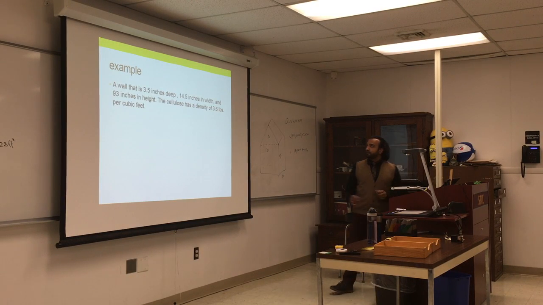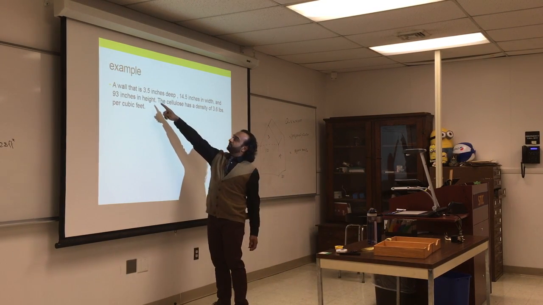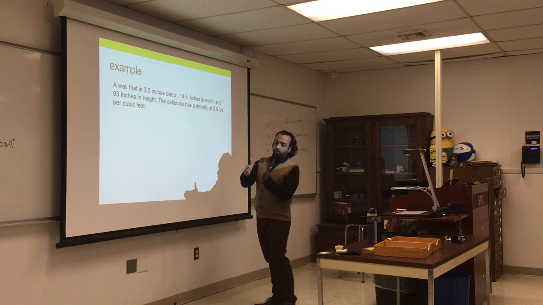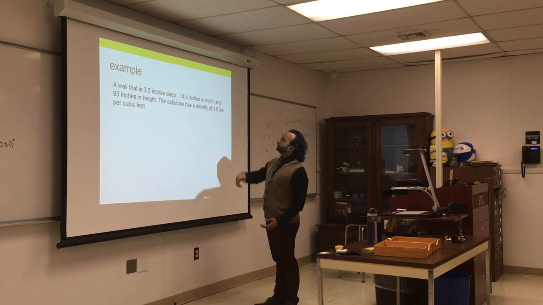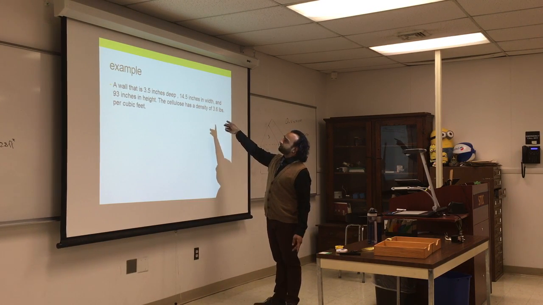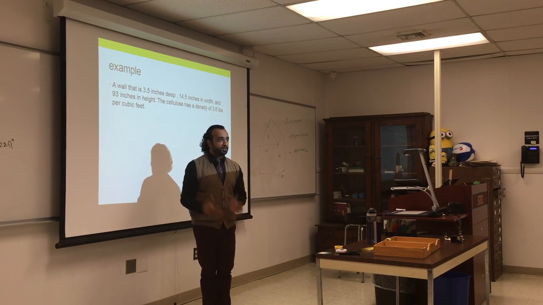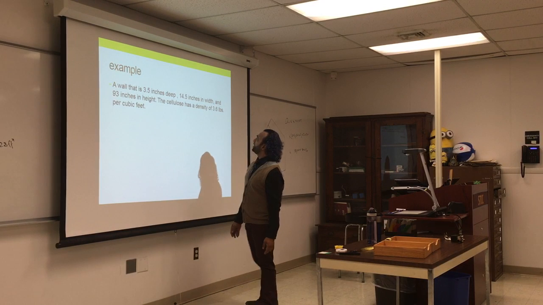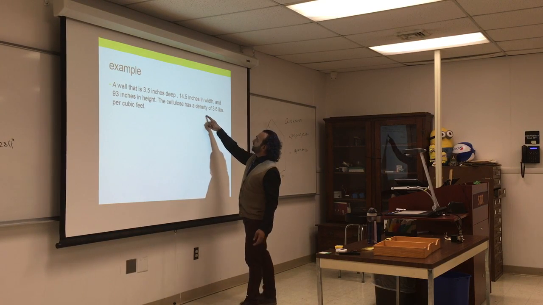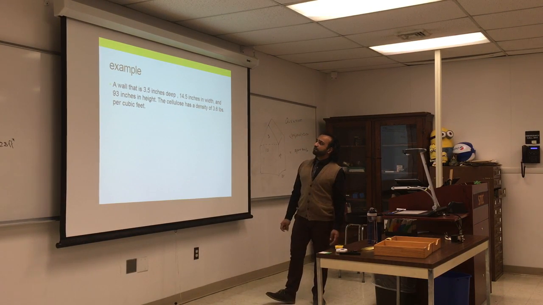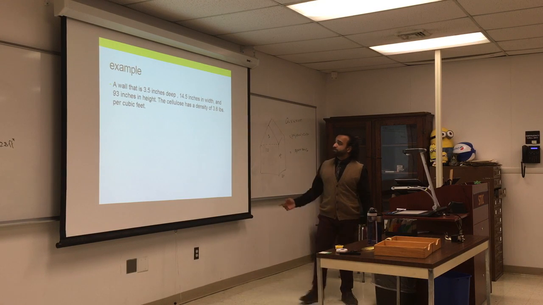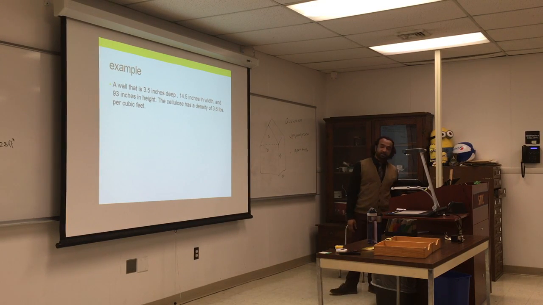Example. The wall is 3.5 inches deep. This is the depth of the wall. The cavity is 14.5 inches wide and 93 inches in height. So it's a small cavity between the two studs. And cellulose has a density of 3.6 pounds per cubic foot.